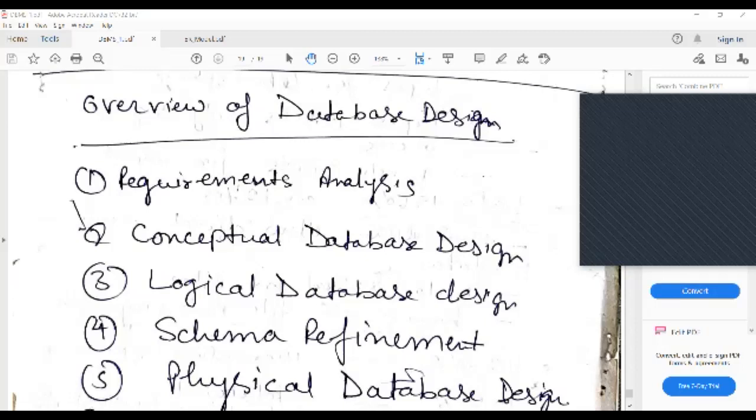Okay, so in database designing, after doing the requirement analysis, we do the conceptual database design. Always remember this, whenever someone talks about the conceptual database design, it includes the designing of the database. Here comes the role of the ER model. I mean, after doing the requirement analysis, we do the conceptual database design.